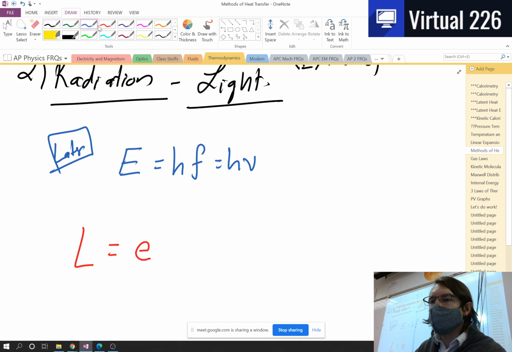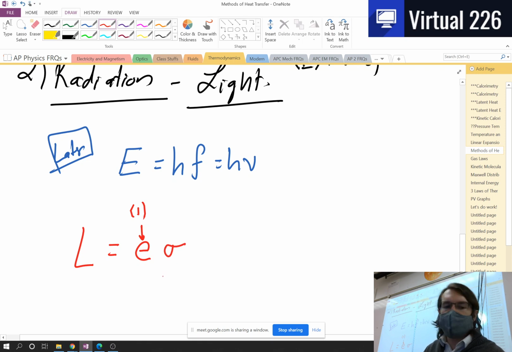It normally has values of 1, but technically it can range from 0 to 1. The emissivity goes down if there's like a dust cloud around you because it's harder for the light to get out. But normally we just assign it a value of 1 for most stars. And then there is a sigma value, which is known as the Stefan-Boltzmann constant.